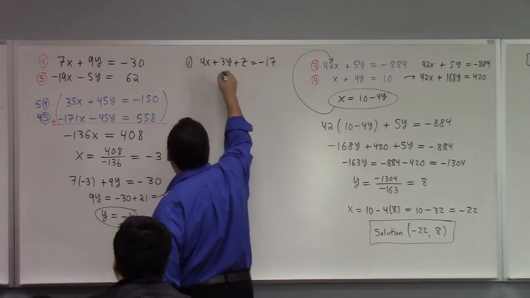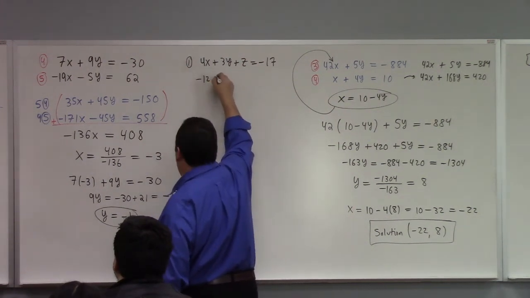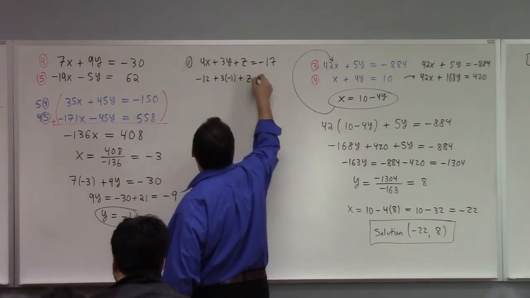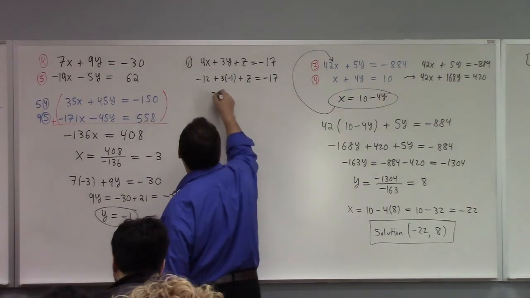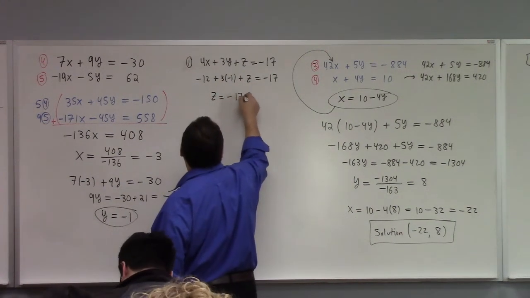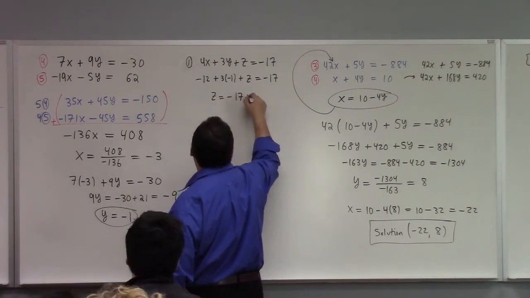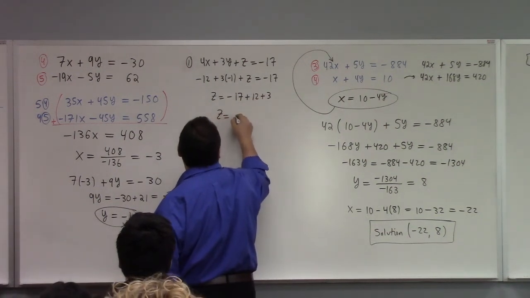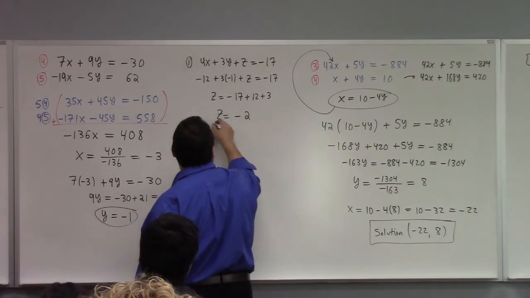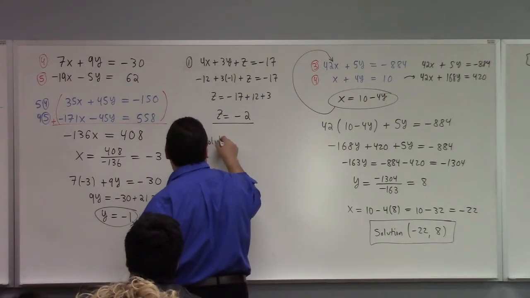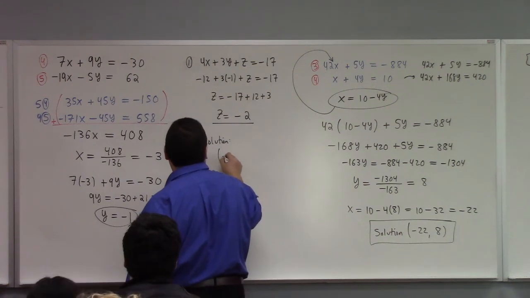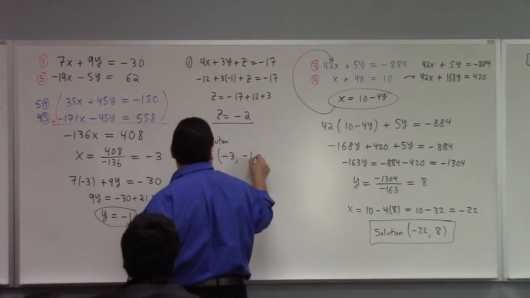My x was minus 3, so I get minus 12 plus 3 times minus 1 plus z equals minus 17, which says z is minus 17 plus 12 plus 3. Z is equal to minus 2. So my solution is minus 3, minus 1, minus 2.